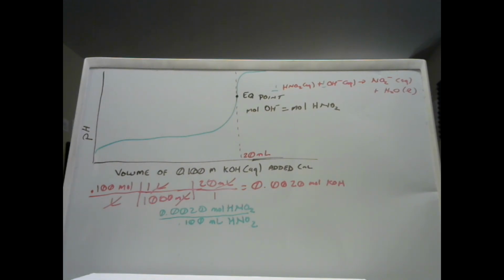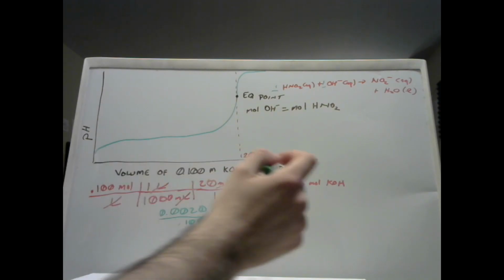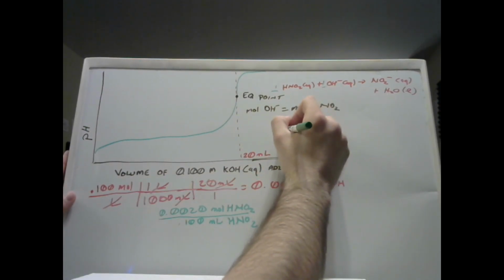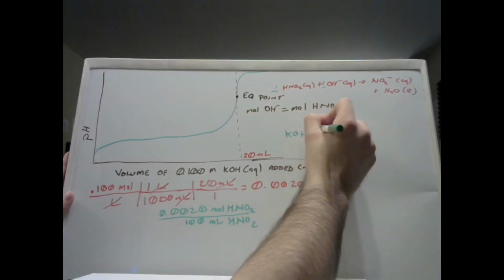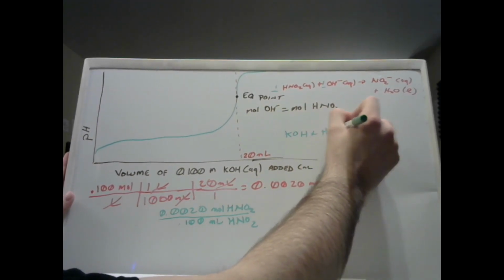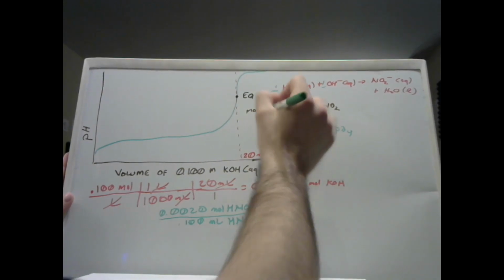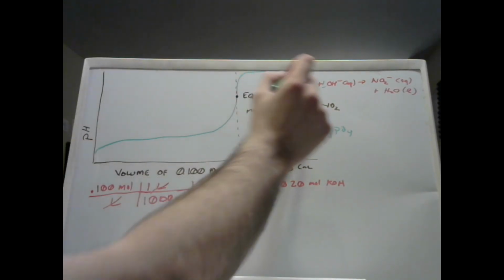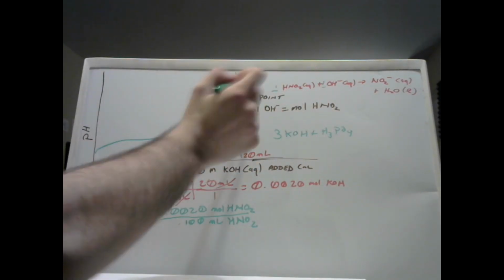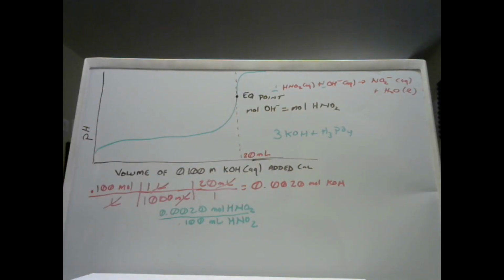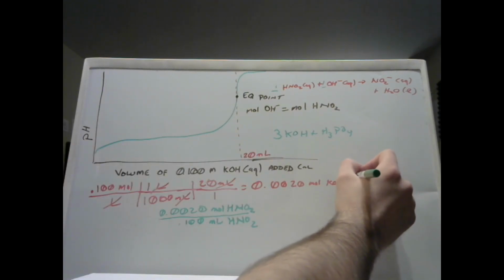If these reactions weren't 1 to 1, you'd have to do an extra step where you convert it. Like, for instance, if we were talking about KOH plus H3PO4, there would be 3. So for every 3 moles of OH, you'd have 1 mole of acid, and you'd have to go through the stoichiometry. It'd just be an extra tack on here.